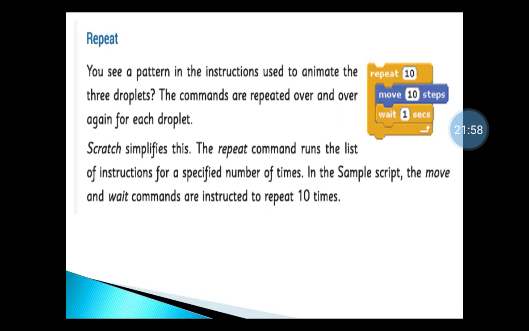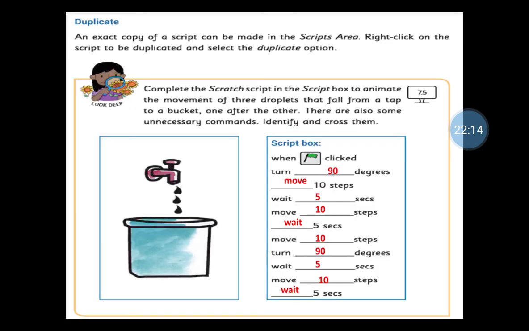Next is repeat. You see a pattern in the instructions used to animate the 3 droplets. The commands are repeated over and over again for each droplet. Here some same steps are repeated.